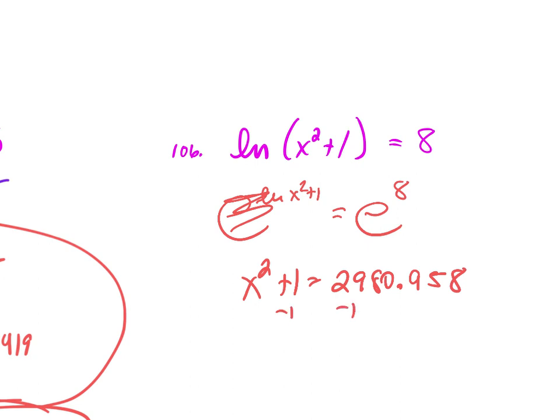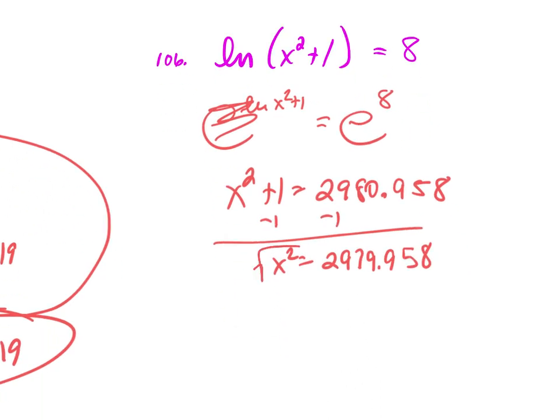So I'm going to subtract 1 from both sides. x squared equals 2979.958. Guys, square root. When I take the square root, I get x equals plus or minus.